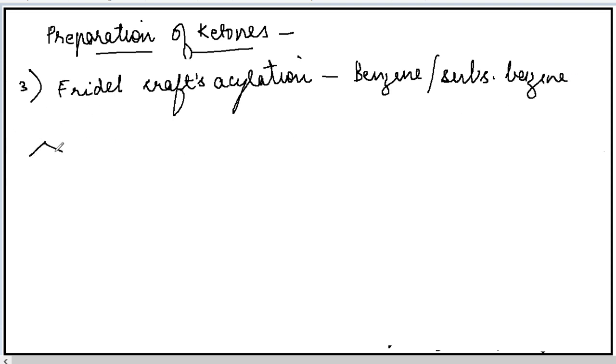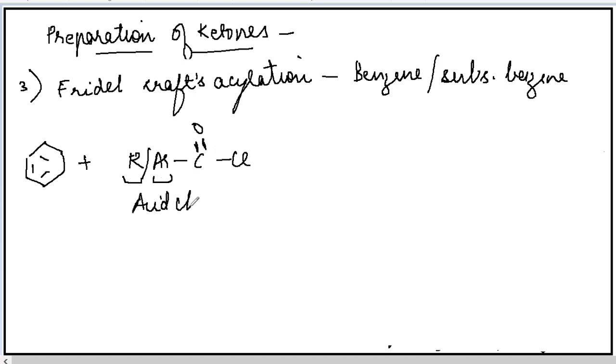In this reaction, look at the reaction. This is benzene. It is made to react with an acid chloride. This acid chloride may have the carbon-containing group aliphatic or it may be aromatic. So this is acid chloride. It undergoes acylation reaction giving ketone.